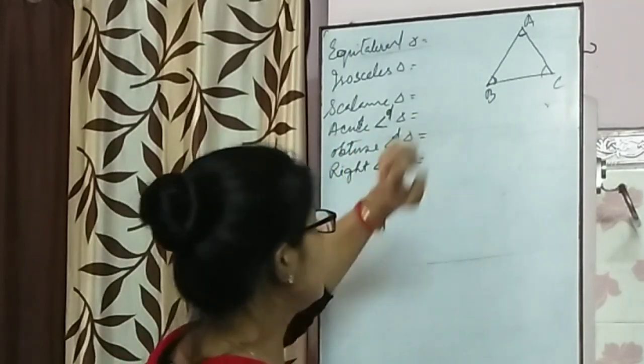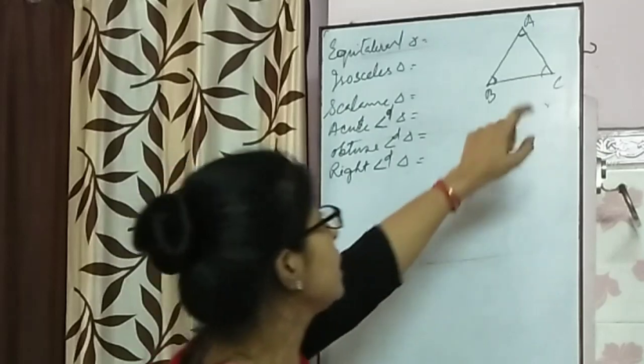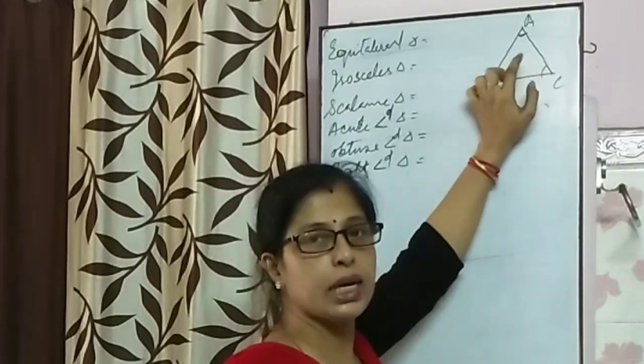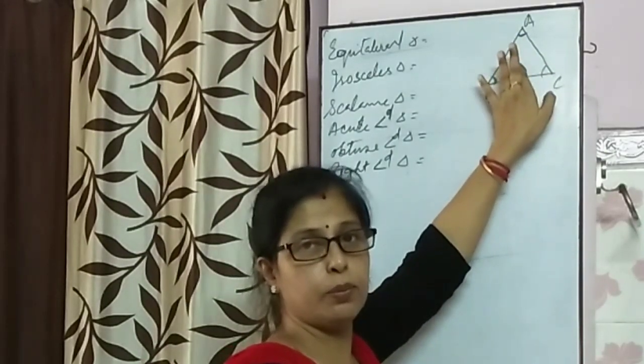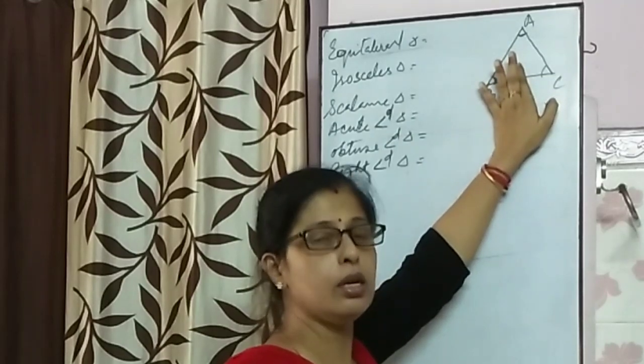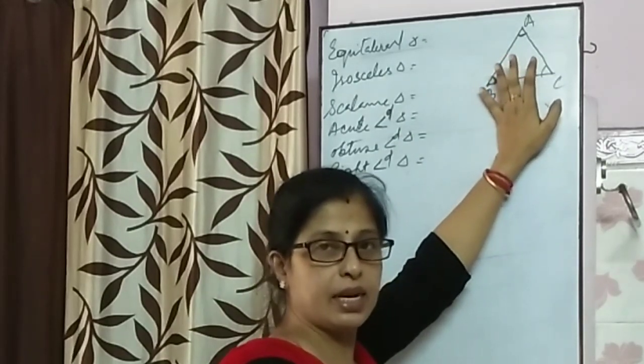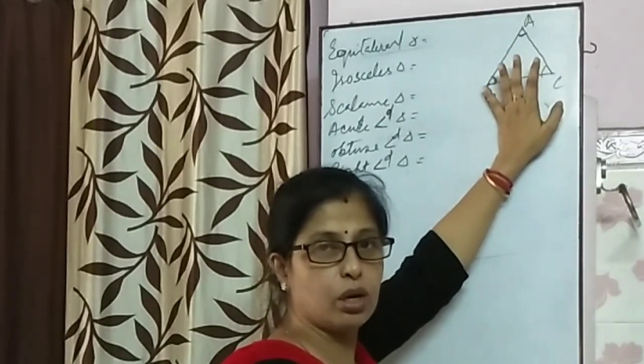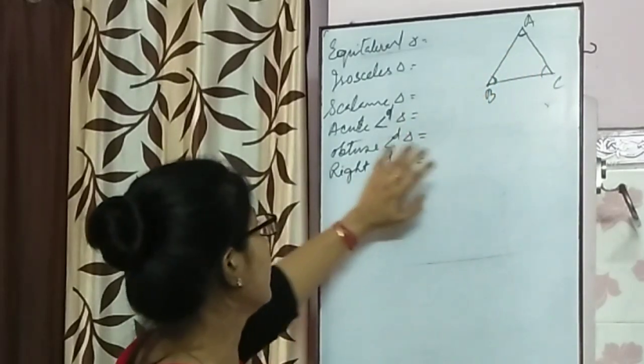Angled is a short form of angle and D. Now what is an acute angle triangle? If the measure of each of the angles of a triangle is less than 90 degree, then it's called acute angle triangle.